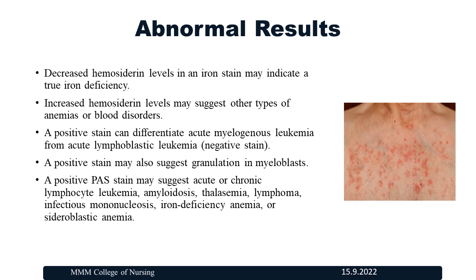The positive stain may also suggest granulation in myeloblast. The positive PAS stain may suggest acute or chronic lymphocytic leukemia, amyloidosis, thalassemia, lymphoma, infectious mononucleosis, iron deficiency anemia, or sideroblastic anemia.